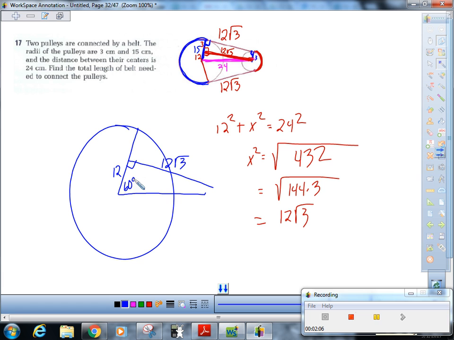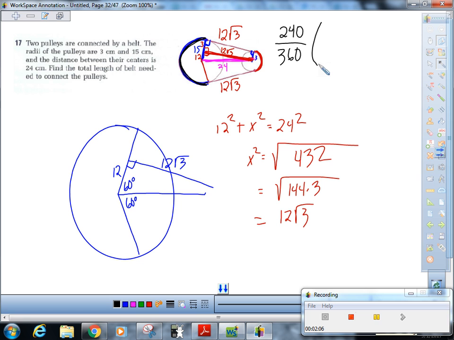Can you figure that out? So then what is that, this whole arc? That would be 120 degrees. So this blue conveyor belt piece represents what fraction of circumference? 240 out of 360 degrees.